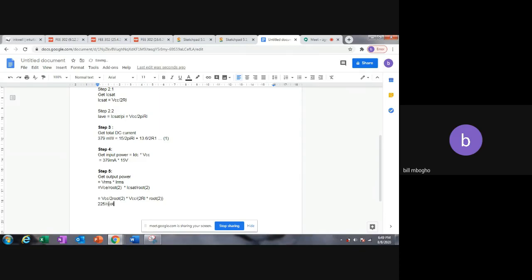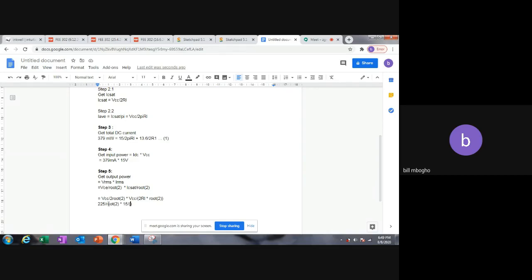So over root 2 times IC sat. IC sat is this here, 15 over 2RL, 2 root 2 times RL.